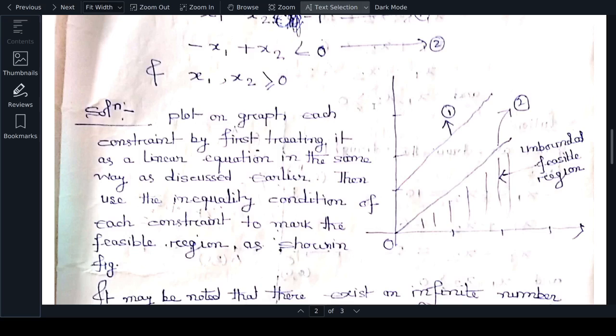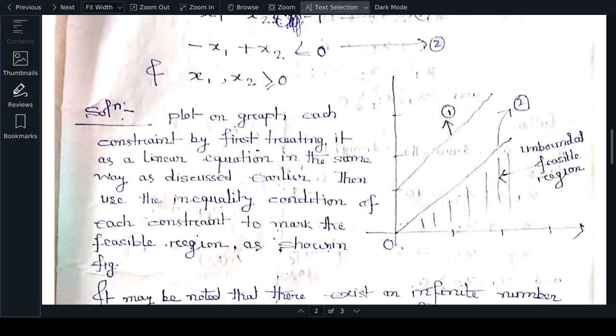So when we substitute these values, 2 comma 1, 3 comma 1, 4 comma 1, in the z function, then for 2 comma 1, the z value will be 6 plus 4, which means 10. Then 3 comma 1 means 9 plus 4 is 13. Then 4 comma 1 means 12 plus 4 is 16.